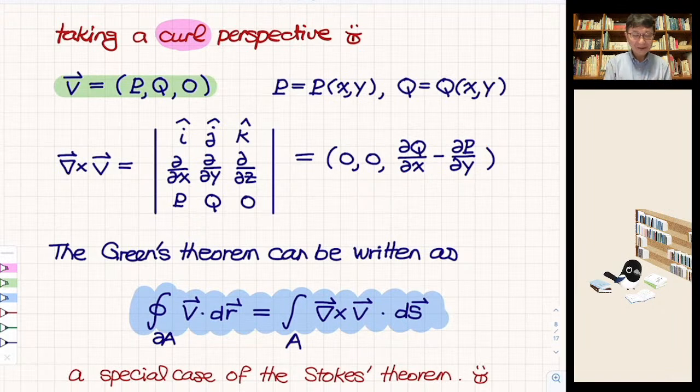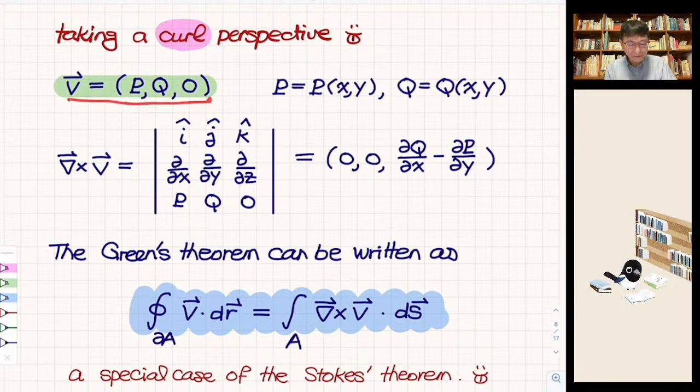Aha, you see there's a very cute thing. For the curl of v, you get a component which occurs on the right-hand side of Green's theorem. For the vector v, with P and Q, that seems to correlate to the boundary integral on the left-hand side. And that's indeed correct, right?